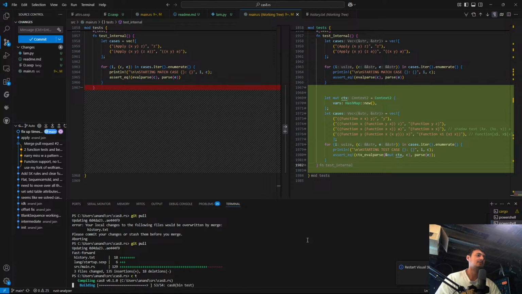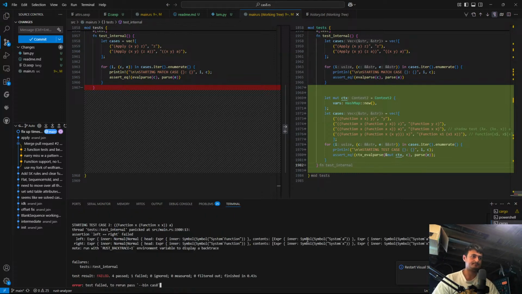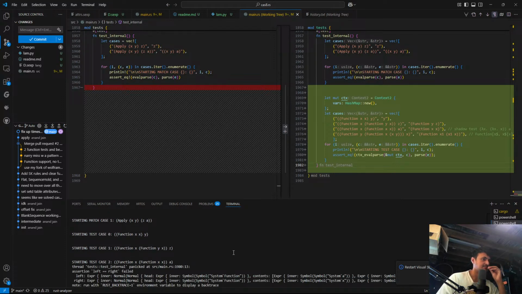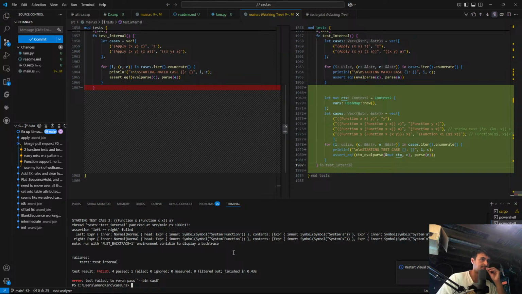Let's see, CT. Wait, what just failed? Oh, I hate how they print this, man.